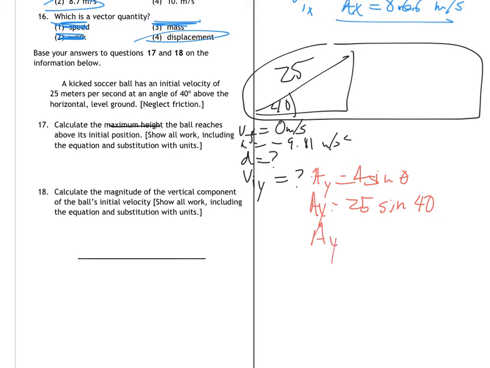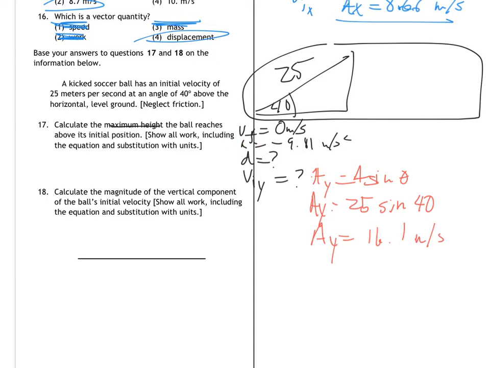So I'm getting an initial vertical component of speed, which is 16.1 meters per second.